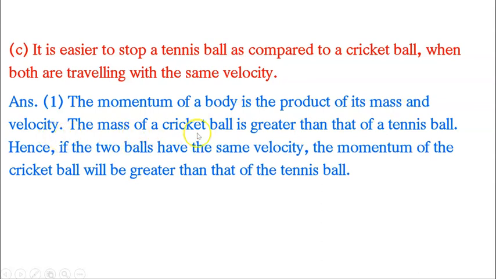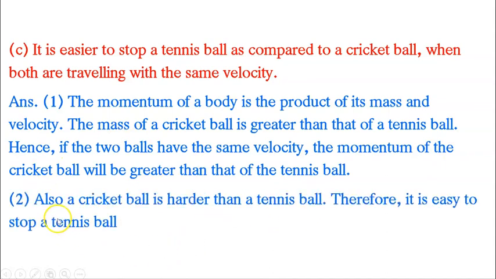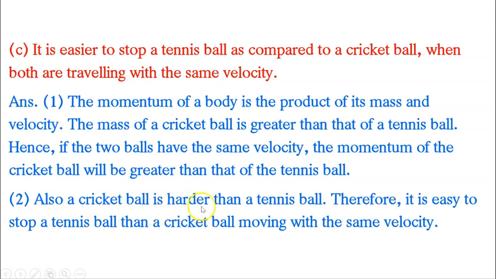Okay, the mass of a cricket ball is greater than that of a tennis ball, and hence, if both balls have the same velocity, the momentum of the cricket ball will be greater than that of the tennis ball, and also, a cricket ball is harder than a tennis ball. Therefore, it is easy to stop a tennis ball than a cricket ball moving with the same velocity.